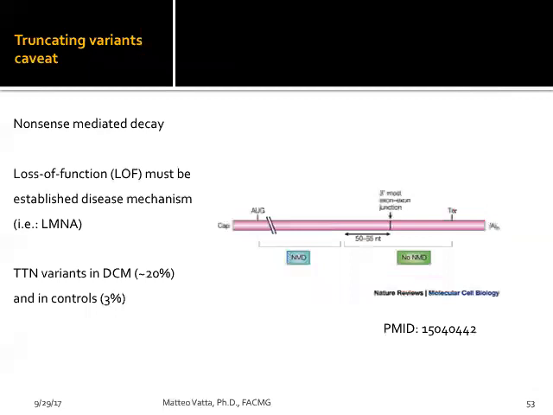We have to keep in mind also the position where a truncating variant can occur. If it occurs in the very last exon or the last 50-55 nucleotides of the second last exon, then it may escape an event called nonsense mediated decay.